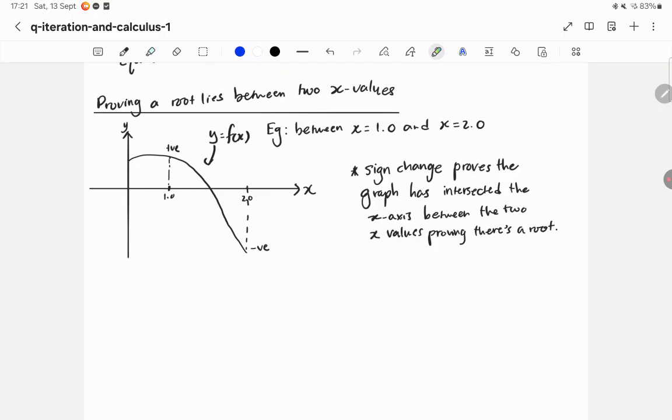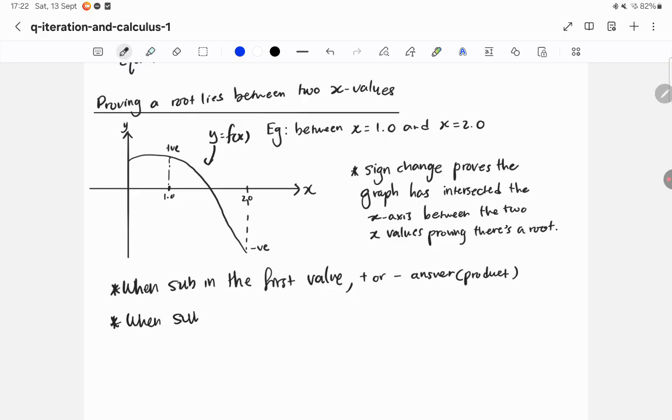The catch is, when subbing in the first value, we could get a positive or negative answer. However, when we sub the second value, we will get the opposite sign.